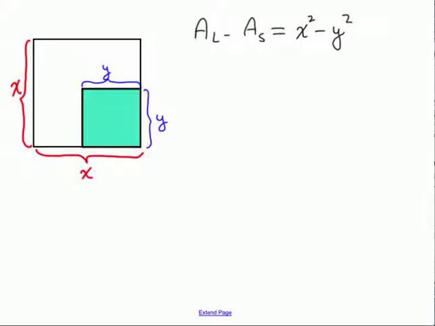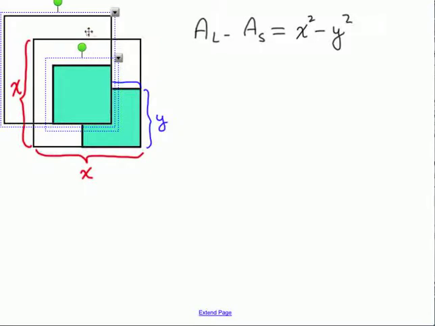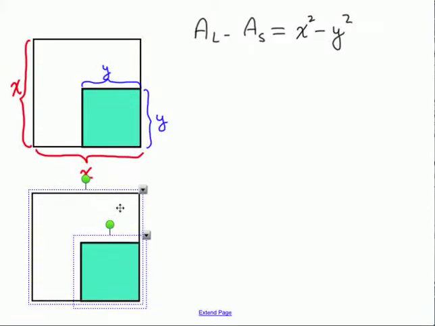Now, let's take this picture again, with our x square and our y square. Let's remove the smaller square.